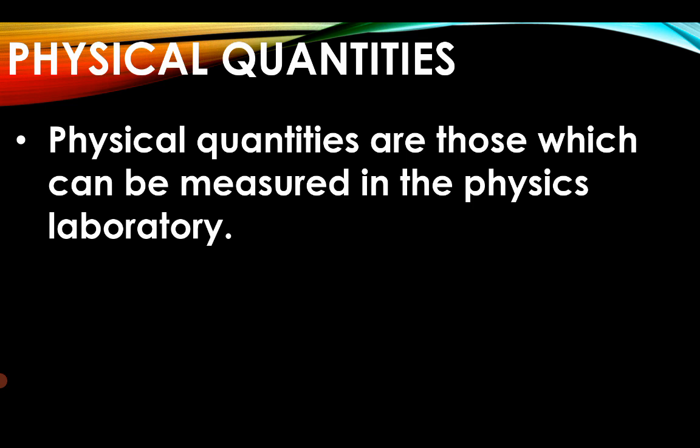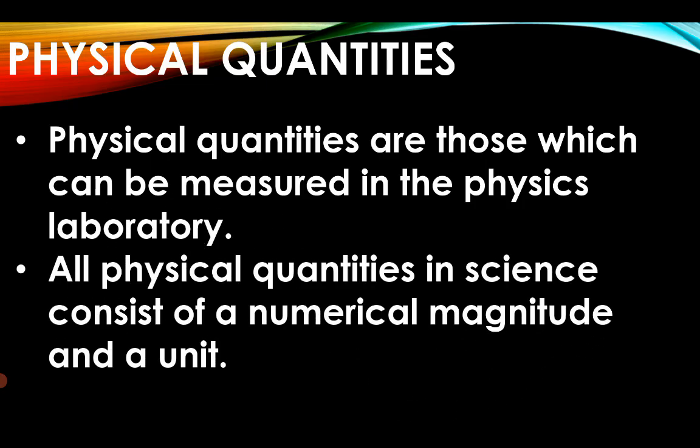So mass is also a physical quantity. There are other quantities such as volume of liquids and others. Anything that you can measure, forces using, for example, a spring balance, all these are examples of physical quantities. So think about a physical quantity as anything that you can measure in the laboratory.